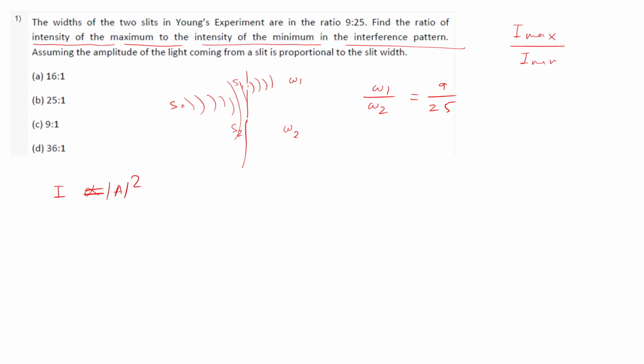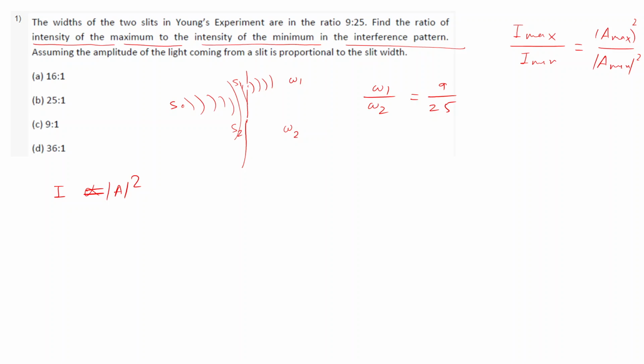Since intensity is the square of amplitude, this is the maximum amplitude divided by the minimum amplitude, and the square of it. Okay, now how to get this maximum amplitude and minimum amplitude?